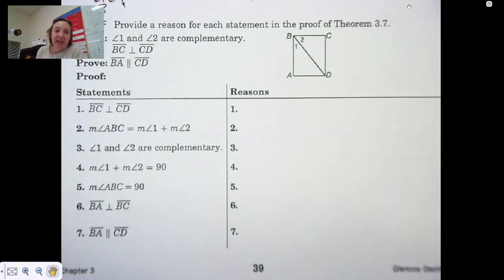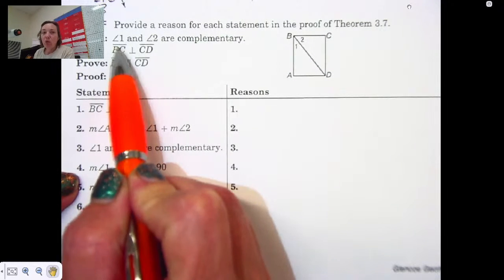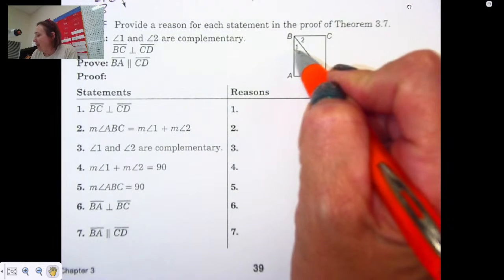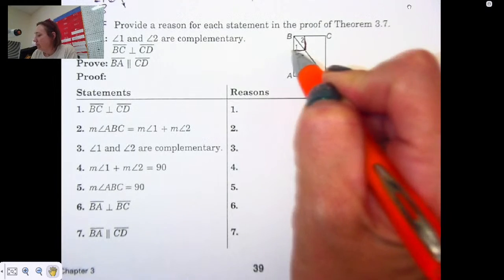Okay, so it says, provide a reason for each statement in the proof of Theorem 3.7. They give you this information. Angle 1 and angle 2 are complementary. What does complementary mean? They add up to 90 degrees. So 1 and 2 add up to 90 degrees, right?